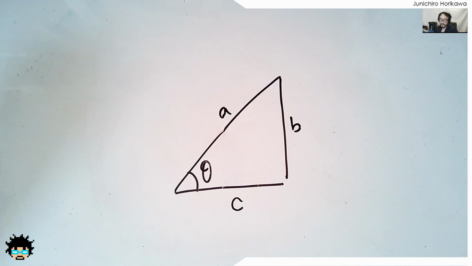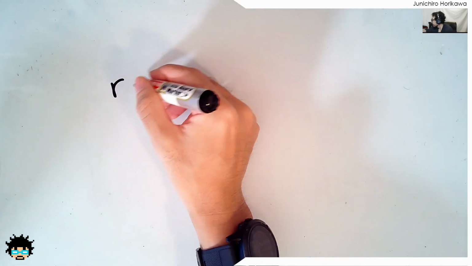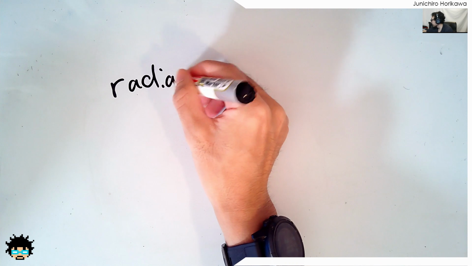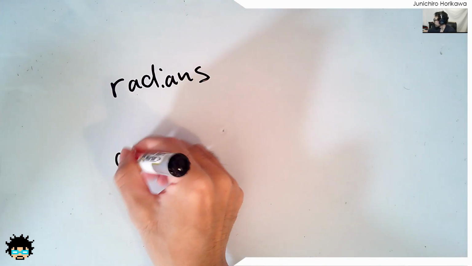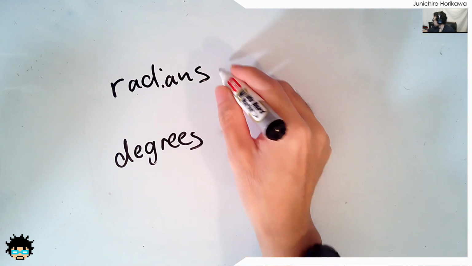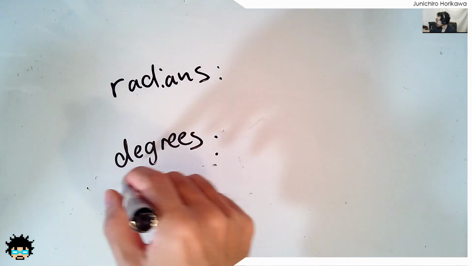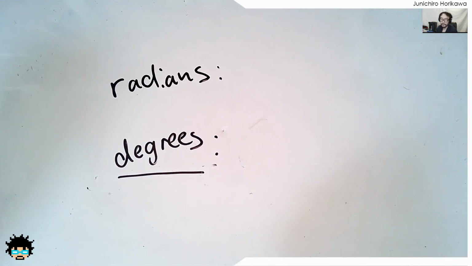Now the first thing I would like to talk about is angles, how you express an angle. There are two ways to express an angle. One is in radians and one is in degrees. I believe most people use degrees to express angles.